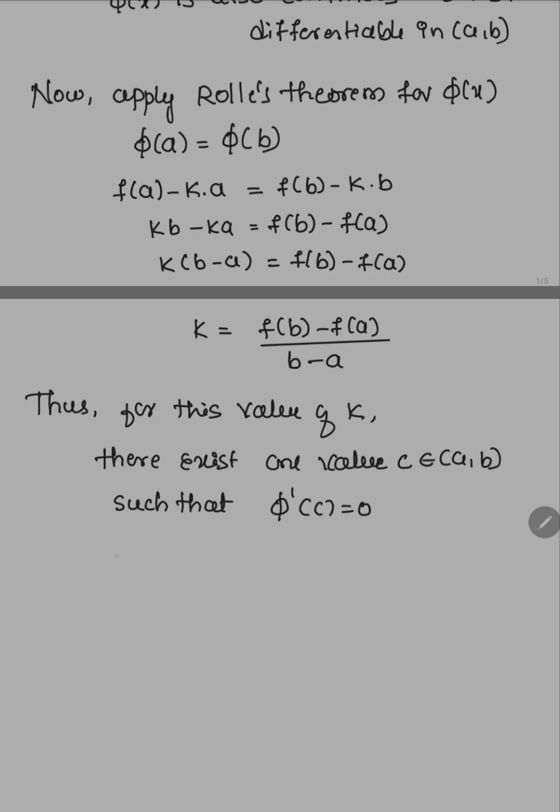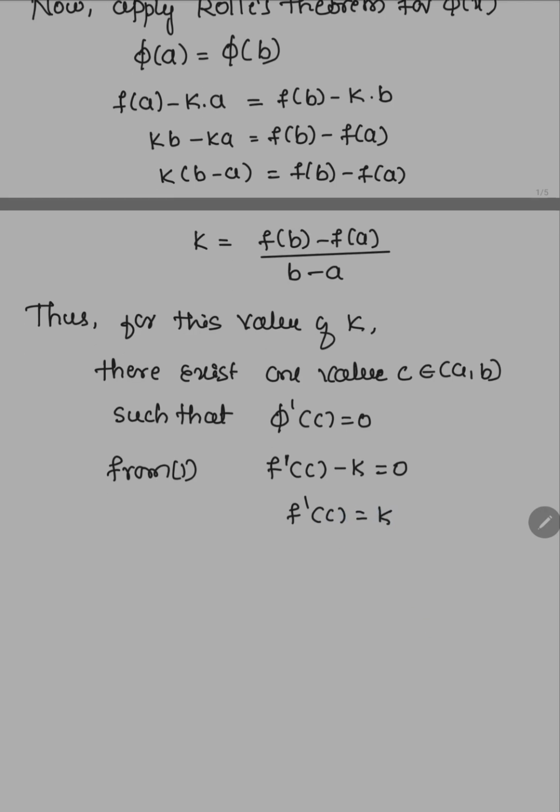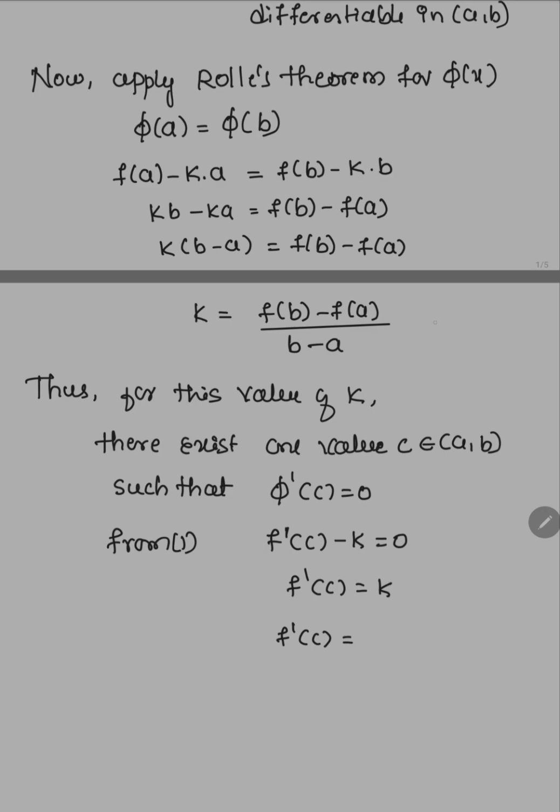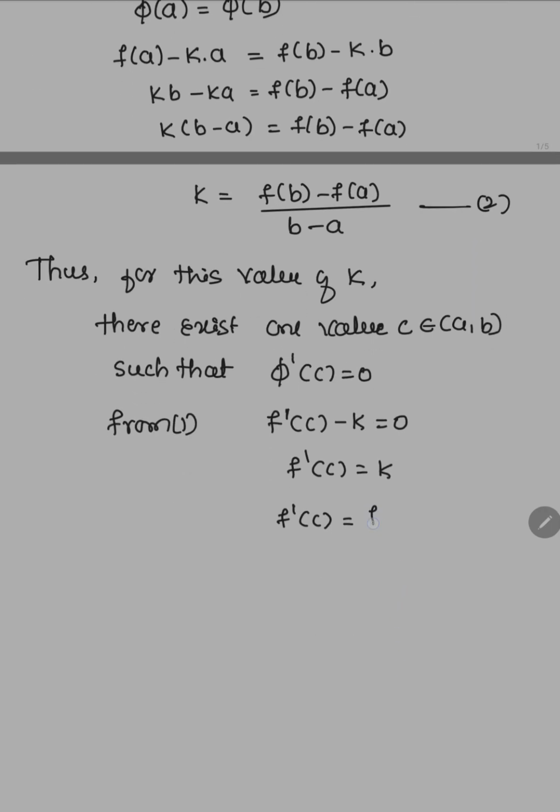Again from 1, f dash of c minus k equals 0. So f dash of c equals k. So what is the k value? This is the k value, taken as equation 2: k equals f of b minus f of a divided by b minus a.